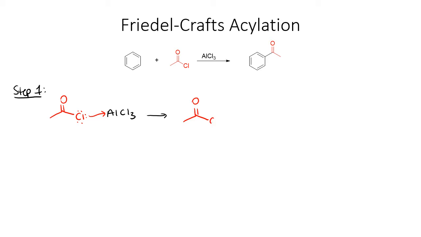Now we'll form a complex where we have a negative formal charge on aluminum and a positive formal charge on the chlorine. Then we're going to see the chlorine leave and break the bond between itself and the carbon of the carbonyl.